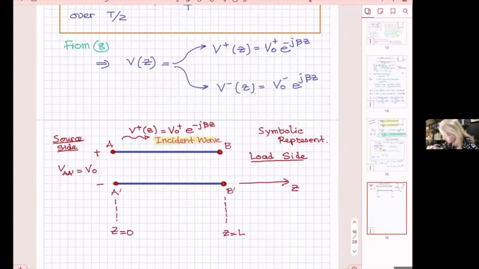Remember the name. And now the other solution, it's V minus of Z, which is V naught minus e to the j beta Z. And that's called the reflected wave, and goes like this.